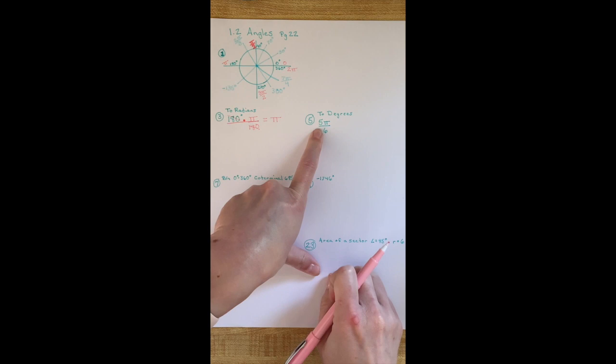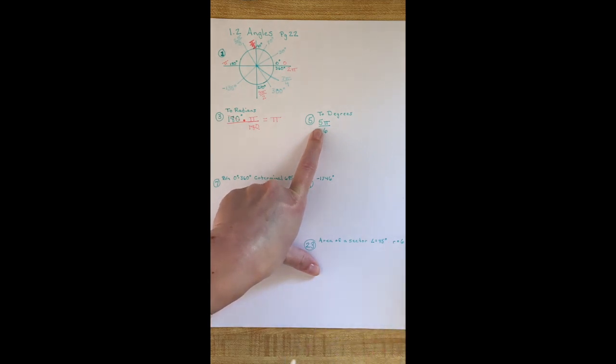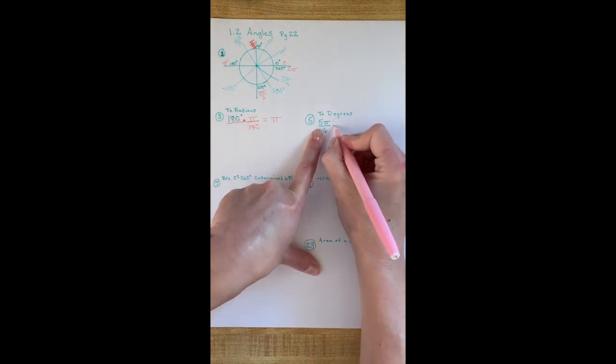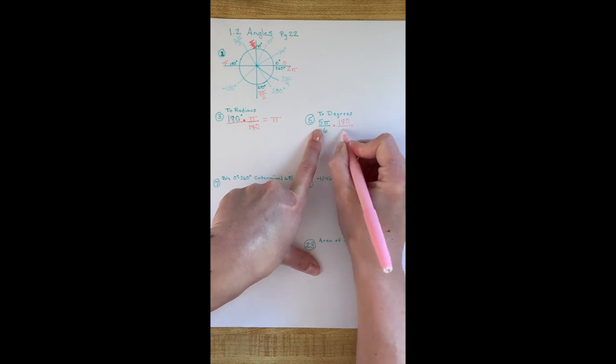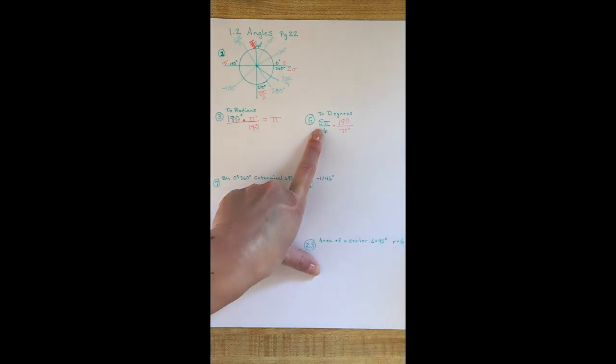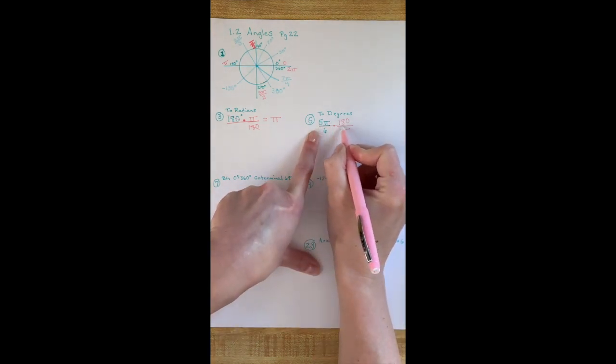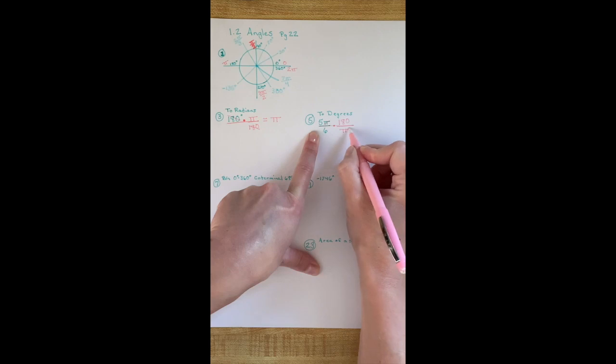So for this one, for number 5, we want to change from radians to degrees. So in this case, we really want to cancel out the pi that's in that value because usually we have pi as part of that answer. So when we multiply by 180 over pi, if we combine these two fractions together, the pi's really cancel out.